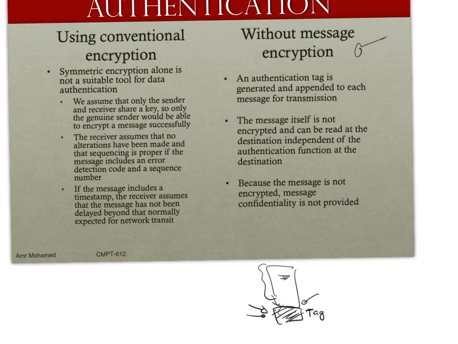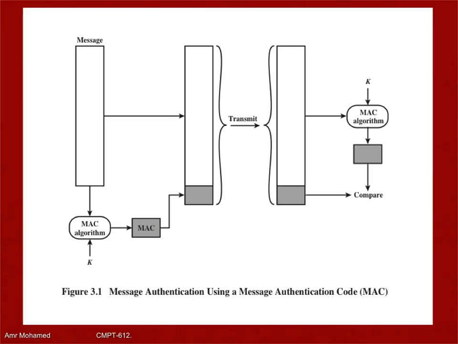So the message itself may be encrypted or not encrypted, doesn't matter. That's not our focus. So the message is not encrypted, message confidentiality is not provided. In that case, whether the message is encrypted or not, it doesn't really matter, as we will see in a minute. So that's what we call message authentication code.